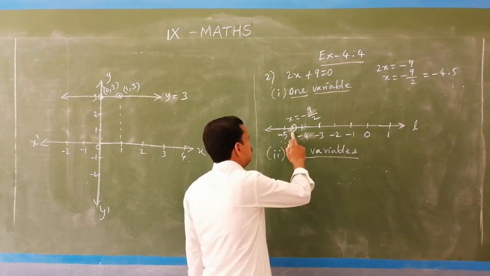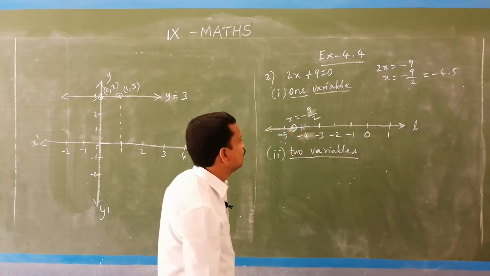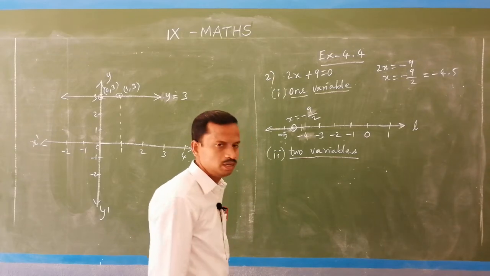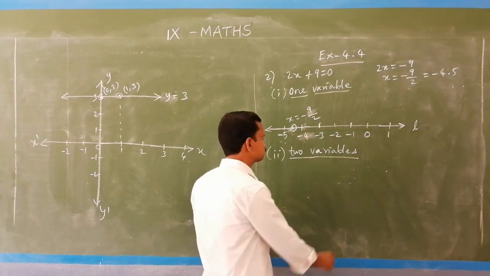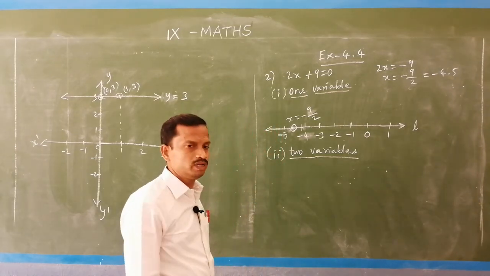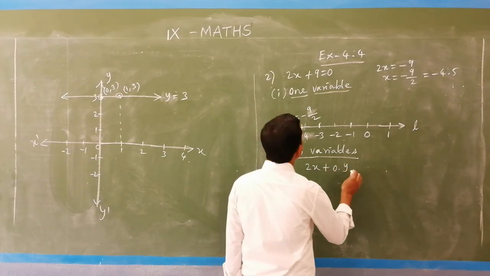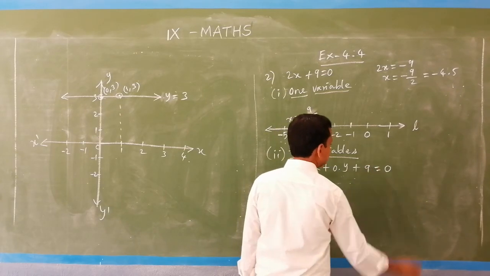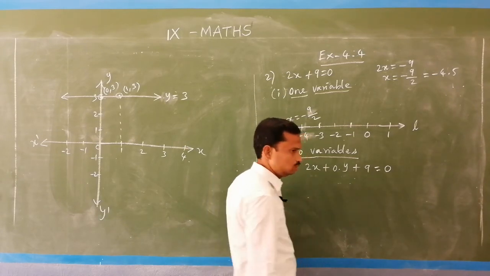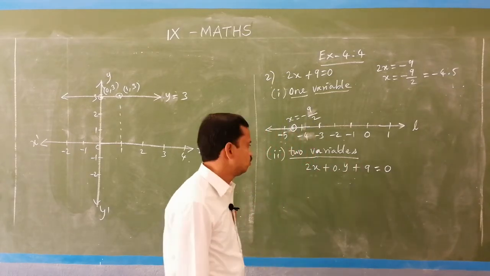So, this is nothing but x equal to minus 9 by 2. Only x is there, only one variable. For that you take the number line and write the values. In two variables, you have to write this equation 2x plus 9 equal to 0 in two-variable form. That means 2x plus 0y plus 9 equal to 0. Even though y is 0, you have to give it in two-variable form.